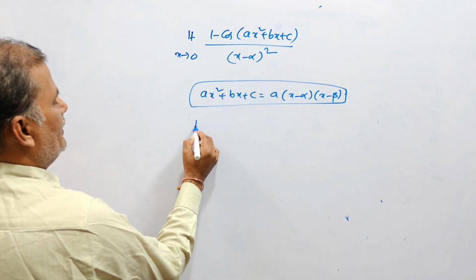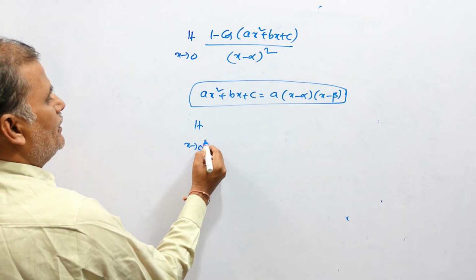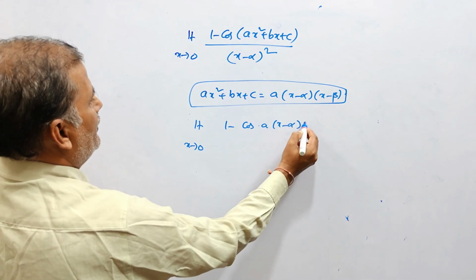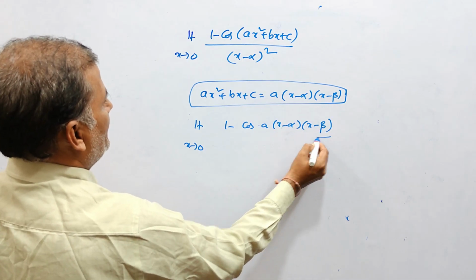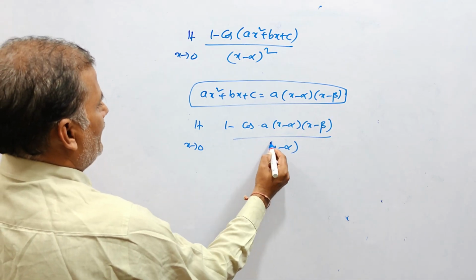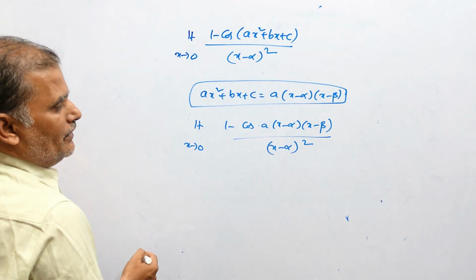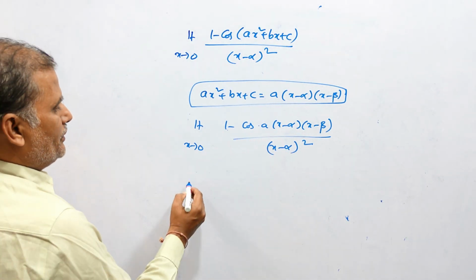Yes, you apply this: limit x tends to alpha, 1 minus cos of a into (x minus alpha) into (x minus beta) by (x minus alpha) whole square. It is of the form 1 minus cos x by x square, we get 1 by 2.